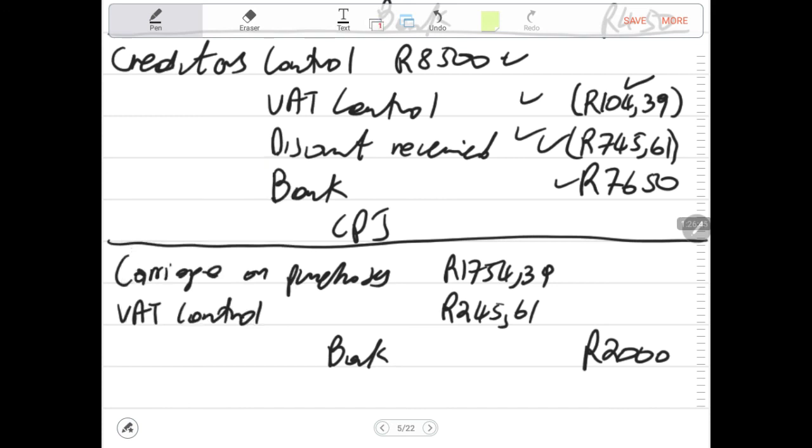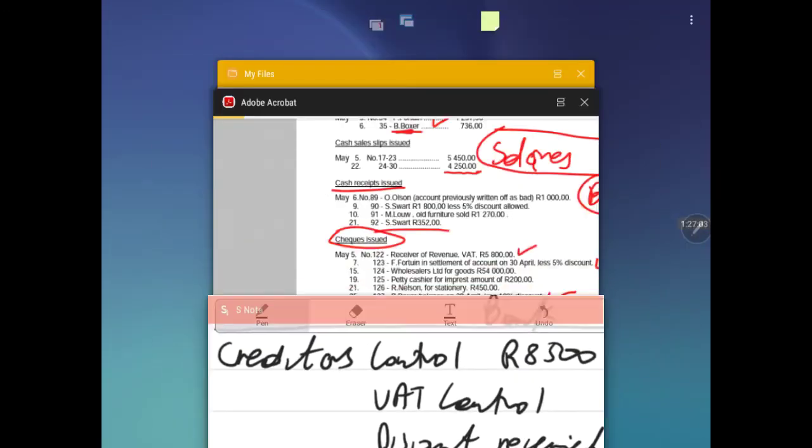Now we know that we don't have a column for carriage on purchases, and where there's no column, this amount will be recorded under what we call Sundry Ledger. Then we write under details carriage on purchases, then under payee we write the person that we're paying.